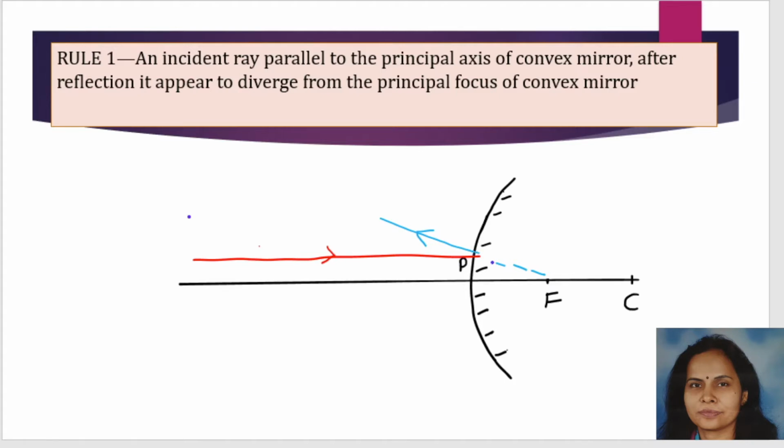As I told you in my previous video, if we need to draw the normal, I just need to join this point of incidence with the center of curvature. So this is the normal at this point and I can extend this in front of the mirror as well. So this is your normal, this is angle I and this is angle R.